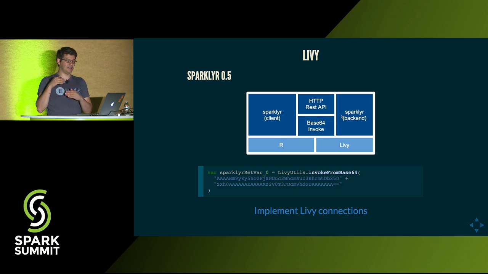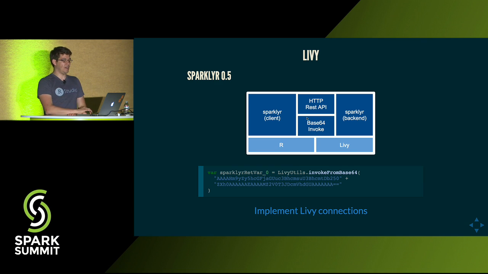Once we have that backend running on Livy over the HTTP connection, we encode the binary stream into base 64, and we pass everything over HTTP. So it's really the exact same connection that you would get from a Sparklyr client running locally or even on Yarn client. We have the same fidelity by encoding everything as base 64.